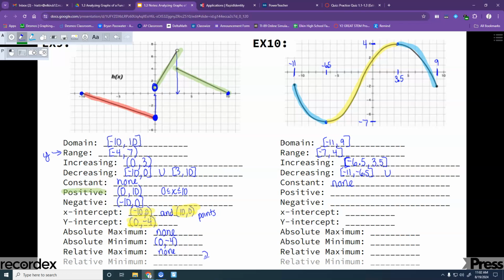And then the other blue piece that I have here, it starts right here at 3.5 and goes all the way to the end at 9. Okay, no constant. Questions so far?